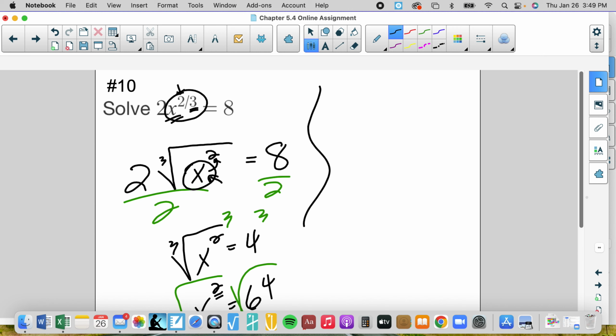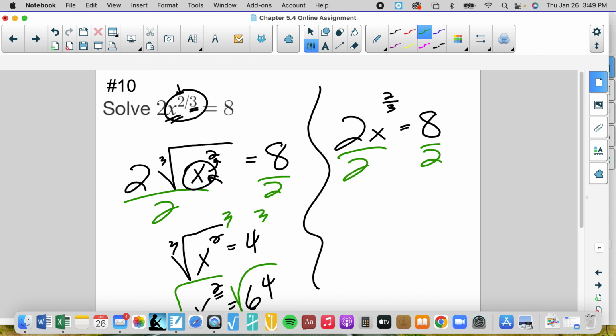Here's the other way of solving this, keeping it in exponential notation. Equals 8. Let's divide by 2, divide by 2. We get x to the 2/3 equals 4. And what's going to get rid of 2/3 is 3/2. So we multiply both sides by the power of 3/2.